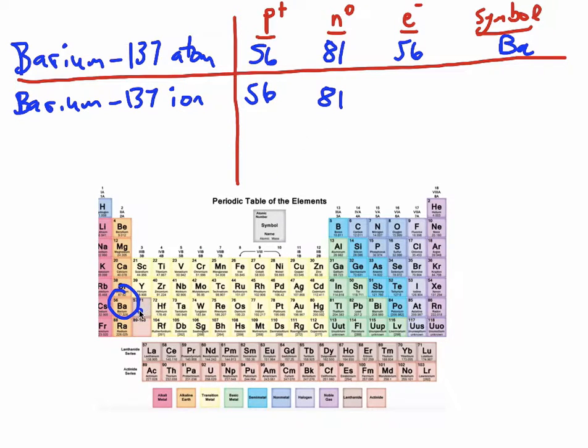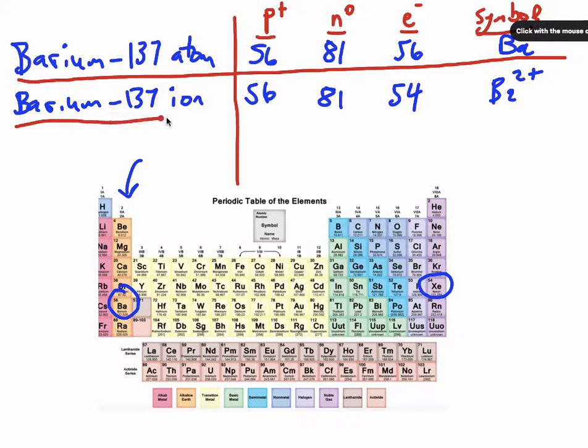But we know here that barium would like to be like xenon, and it's going to have to lose 2 electrons to do that. So this number is going to go down to 54. We see that 56 minus 54 is plus 2. So the barium ion, and everybody in this row, the alkaline earth metals, is 2 plus. I don't know why in chemistry they say 2 plus instead of plus 2, but whatever.